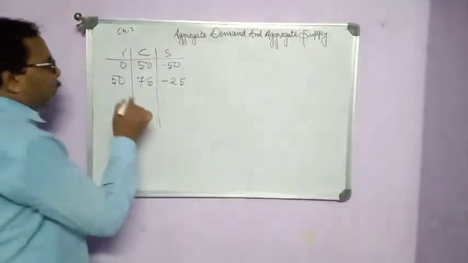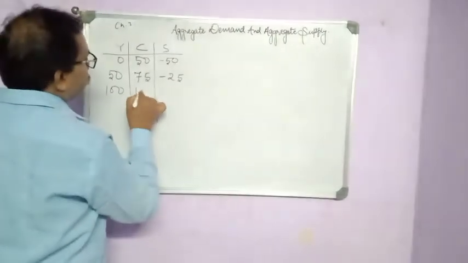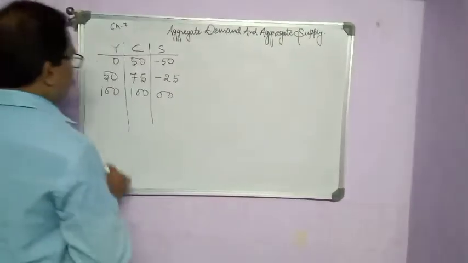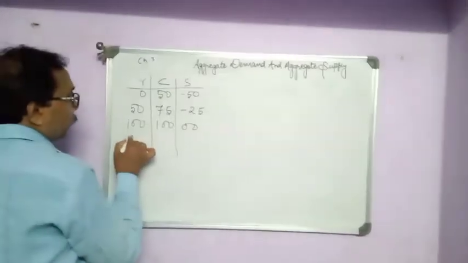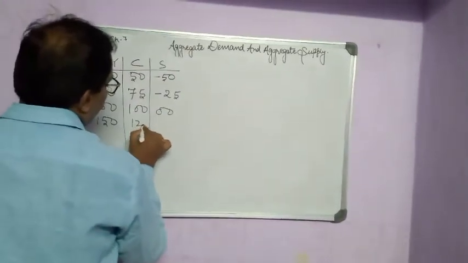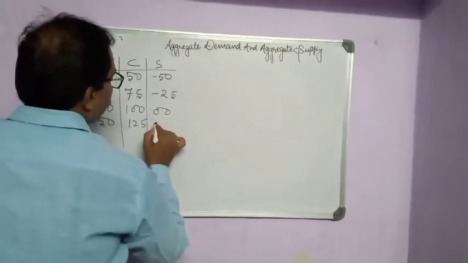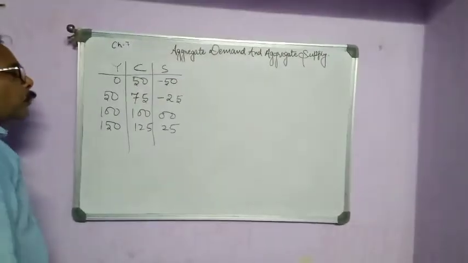Clear? Now, if your income is 100, your consumption is also 100, then your saving will be 0. And next, when your income is 150, your consumption is 125 and the saving will be 25, and so on.